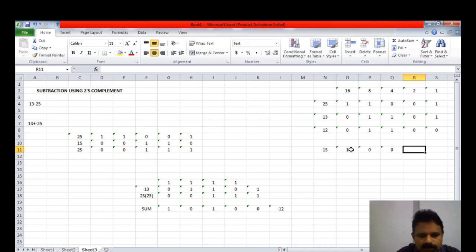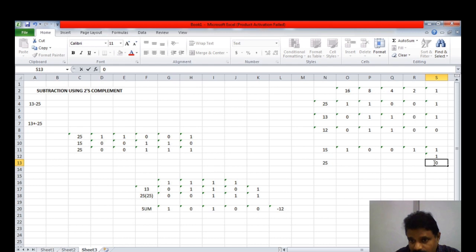And twos will be, you have to add 1, so the twos will be 1 plus 1 is 0, 1 plus 1 is 0 with a carry, again 0 and 1 carry, so 1 plus 0 is 1, giving 0 1.